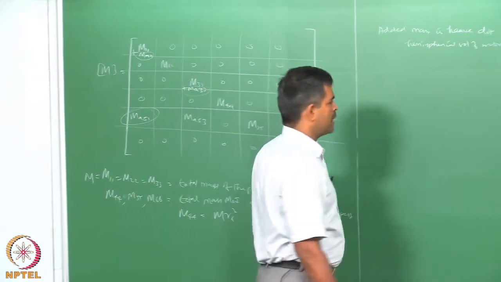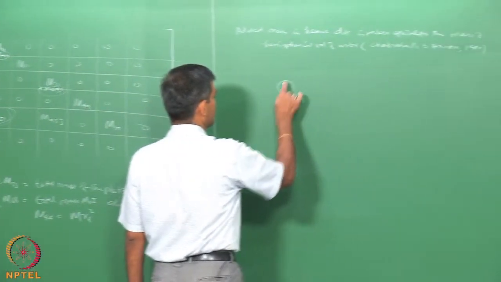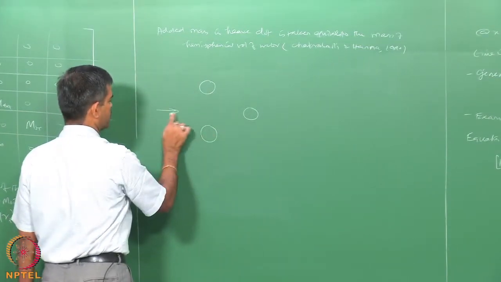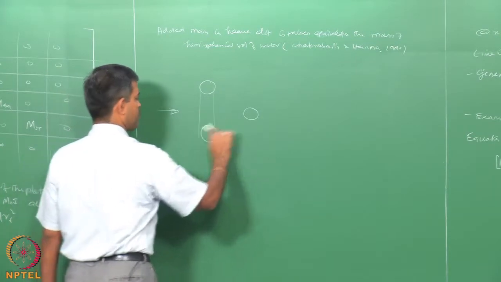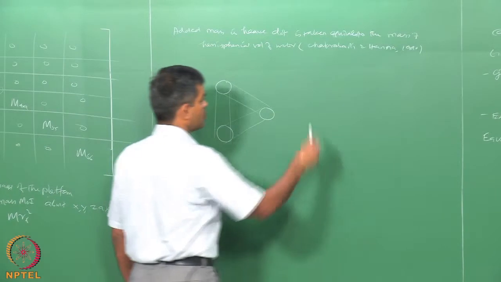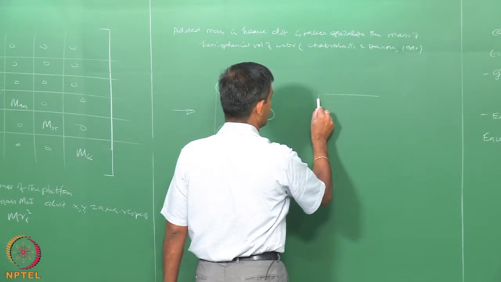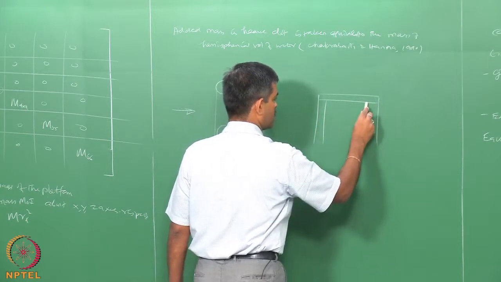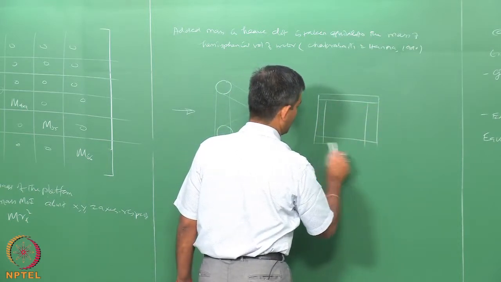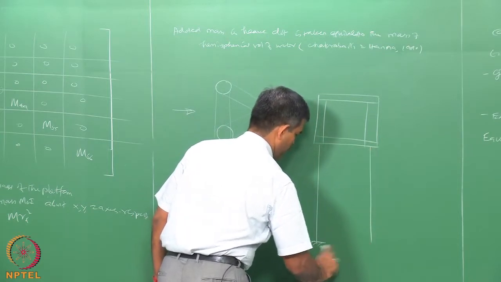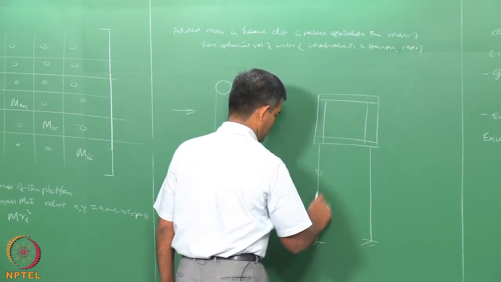So, now we are talking about an example problem where the TLP is encountering the wave with front two columns in plane. So, triangular configuration in plan. Of course, it has got the top deck supported by the members and the bottom pontoon, which are all now position restrained using tethers.